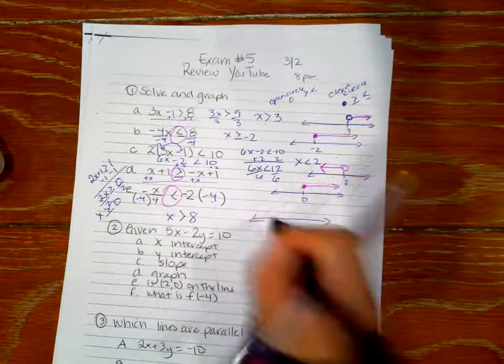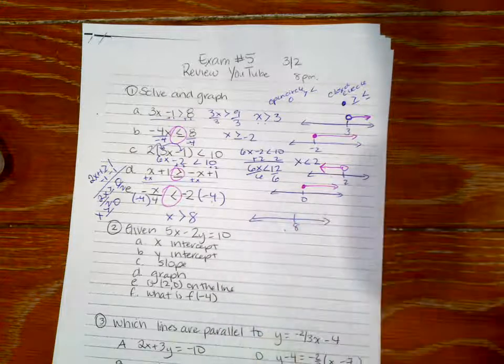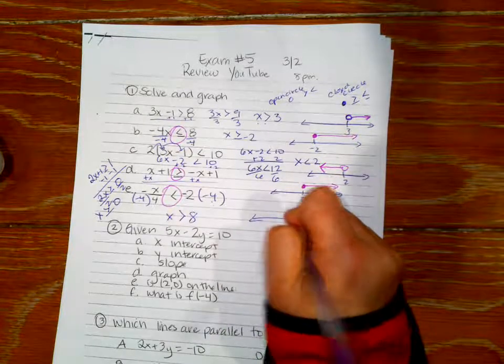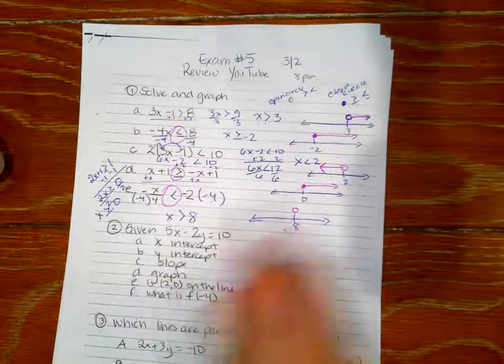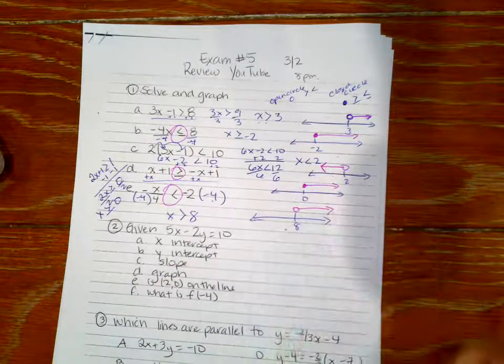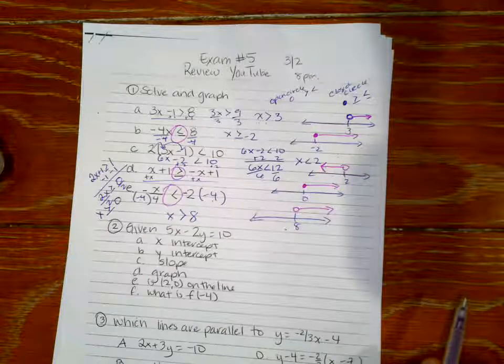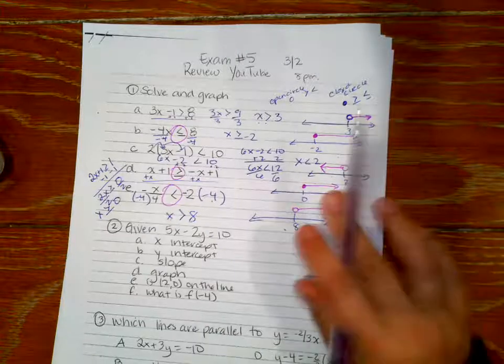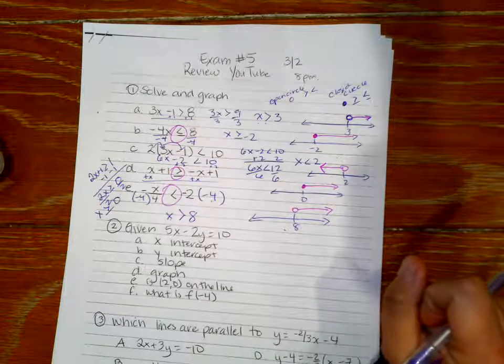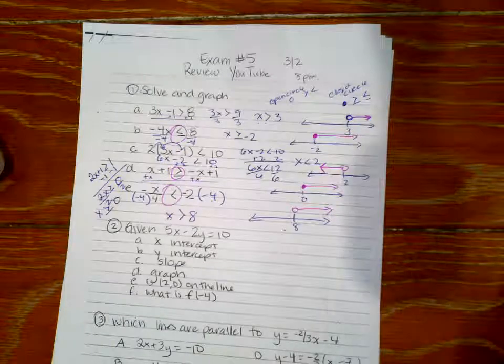On your line, you have 8, open circle, and x is greater than 8. It's going to go that way. Okay, so those are on your test tomorrow. Shouldn't be too difficult. I don't anticipate you guys having any problems with that, so that should be good to go.